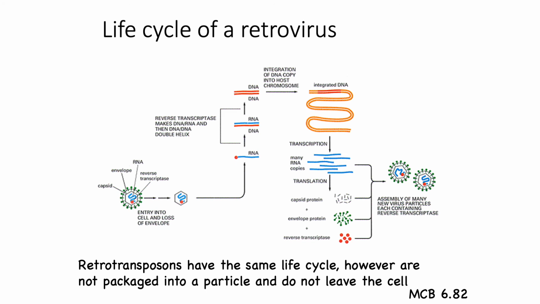And once it's in there, it then can make new RNA transcripts, shown over here on the right in the blue lines. Those can then make the proteins needed to package it, as well as be used as the genetic material to be packaged. And so it can make new viral particles that then can go out and infect other cells.